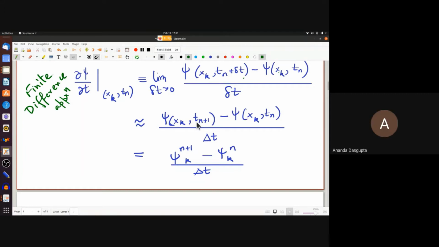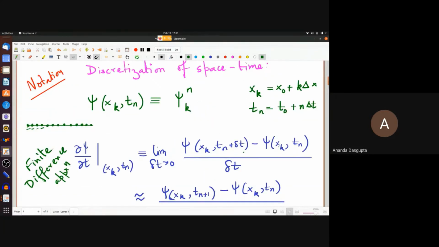Okay. So this is psi k n plus 1 in my notation. The notation is simply that I'm going to label the k index as a suffix and the n index as a superfix. So this is just notation. There's nothing special about this. I just want to keep the spatial discrete label and the time label separate. The time is up here.